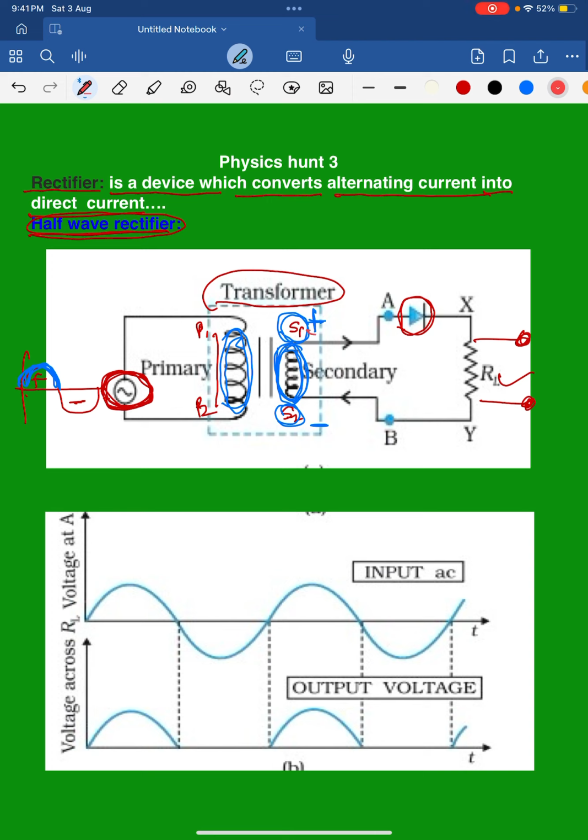S1 is positive, which is connected to the P region of the PN junction diode. Similarly, S2 is negative, and this negative charge is directly connected to the N region of the PN junction.